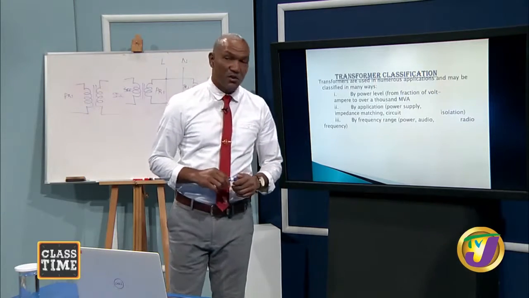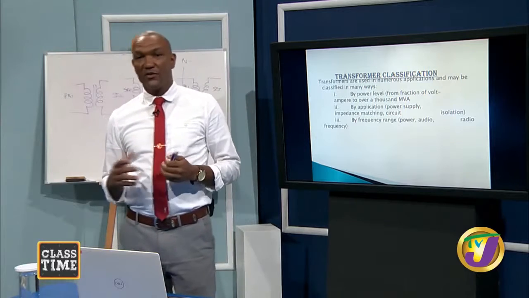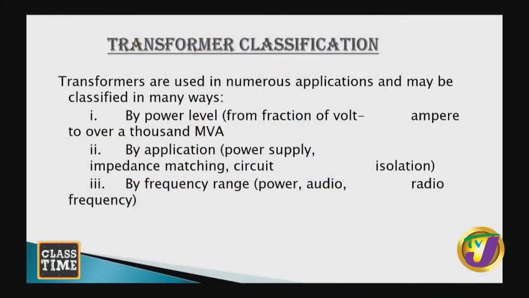Transformers by classification. How do we classify transformers? Transformers don't just come and you say a transformer is this, a transformer is that. Transformers are classified using numerous applications and may be classified in many ways.